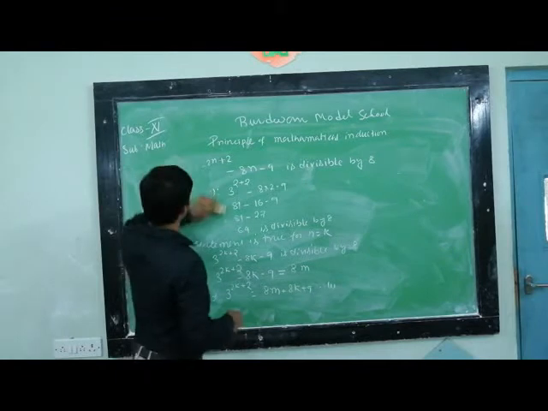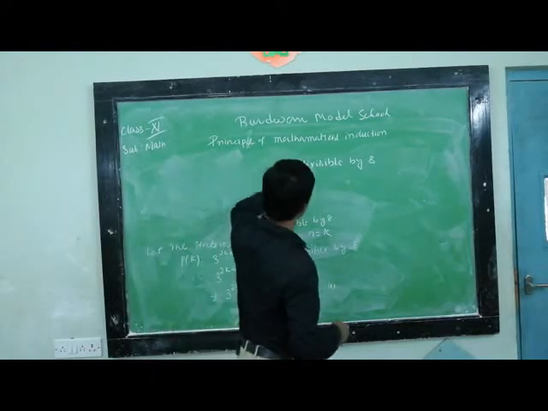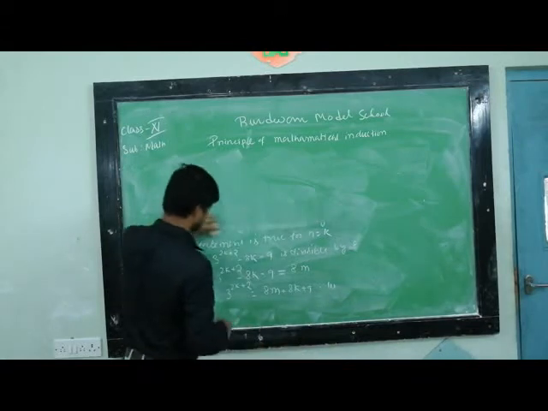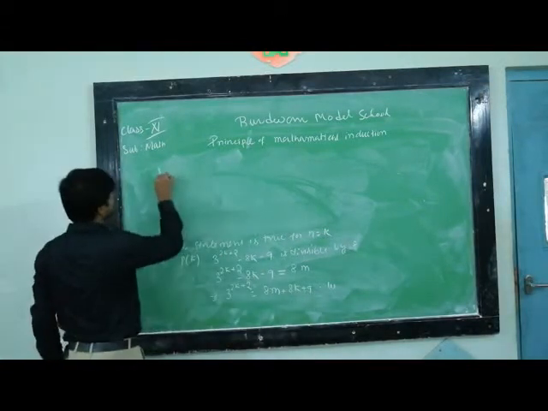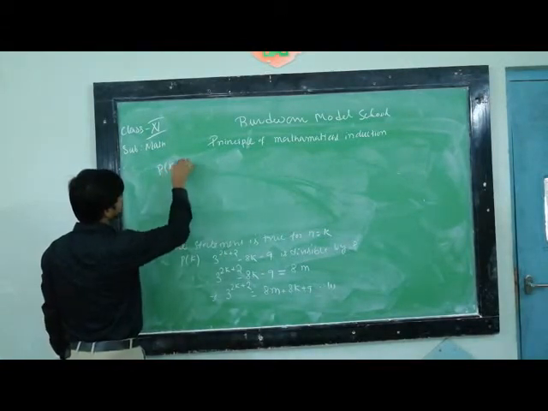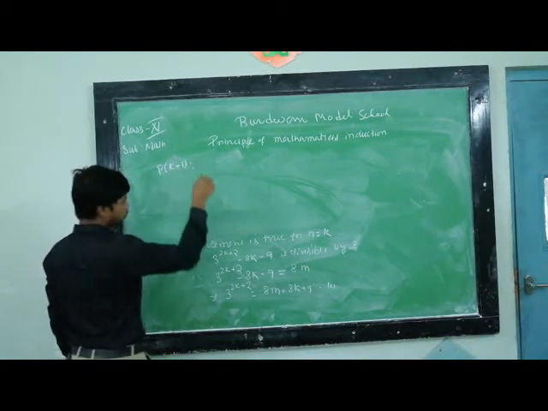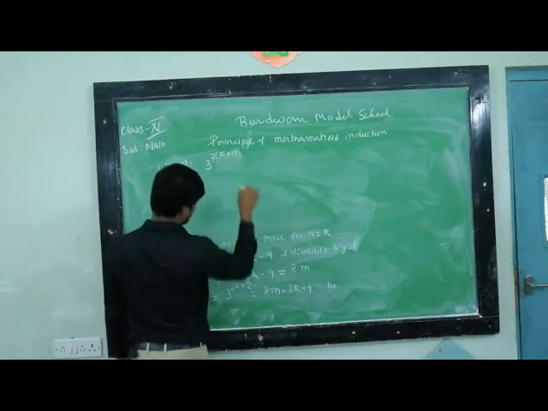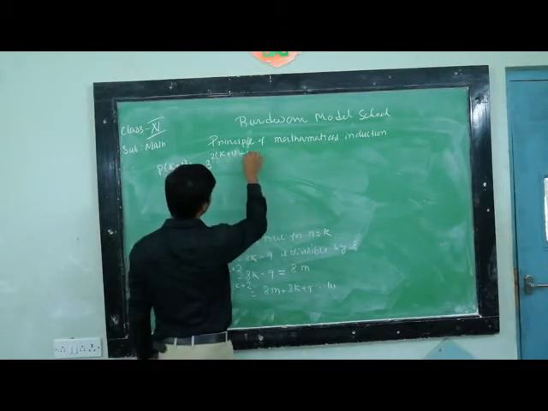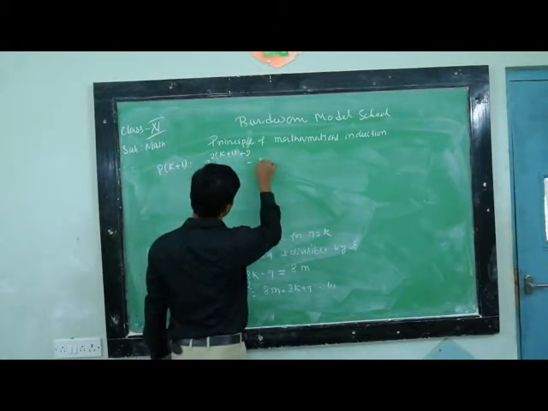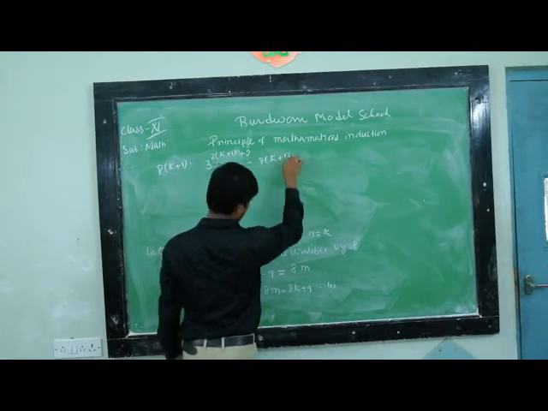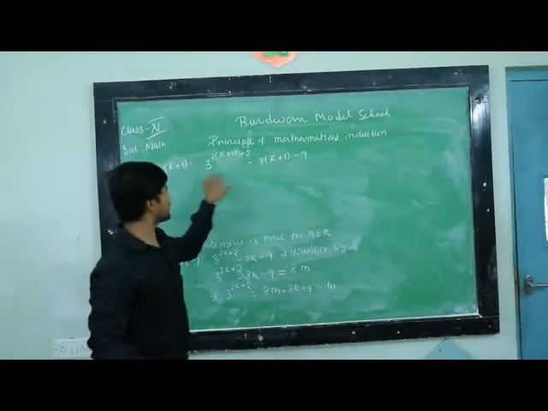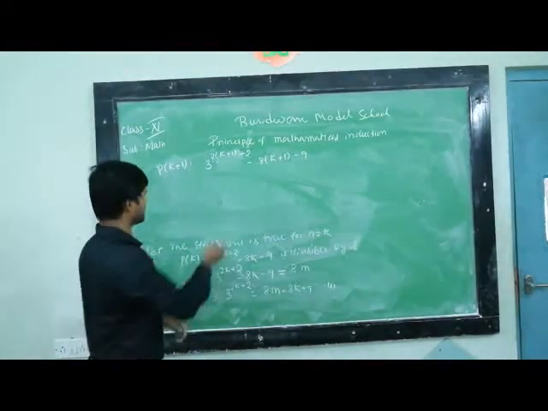Now we shall prove that the statement is true for n equal to k plus 1 also. So for that, consider this statement P of k plus 1, which is equal to 3 to the power 2 into k plus 1 plus 2, in place of n put k plus 1, minus 8 into k plus 1 minus 9, and we will prove that this expression is divisible by 8.